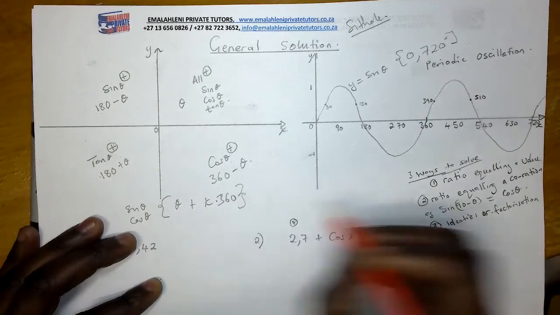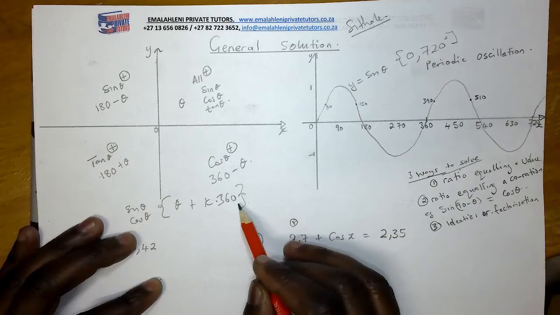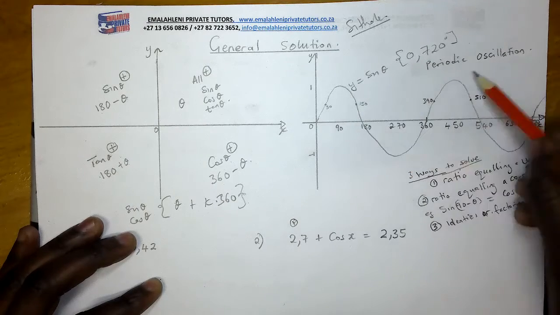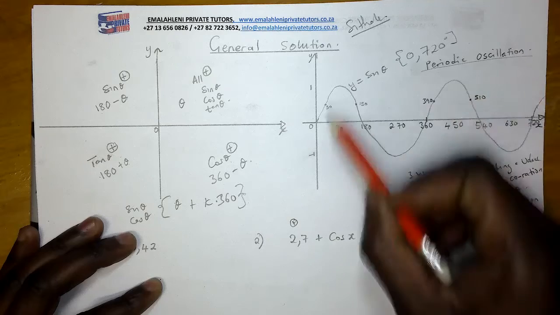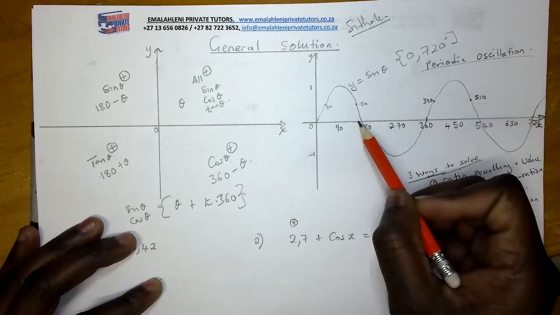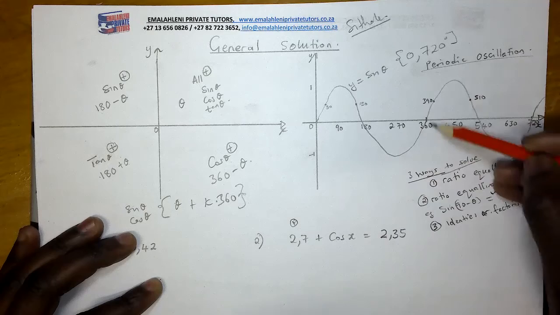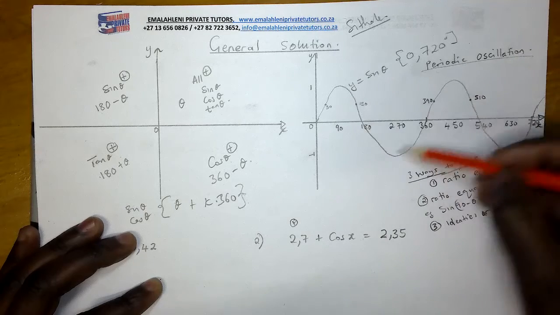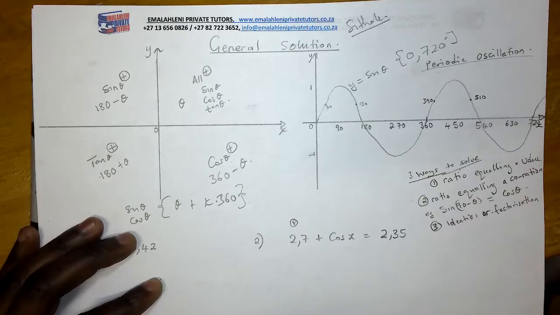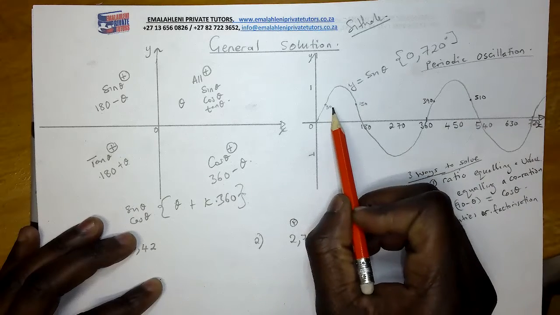Now, we want to understand where the k is coming from. The graph continues to repeat itself, so it's a periodic oscillation. The period of sine is 360, so it starts again and does the same thing, attaining the same values.